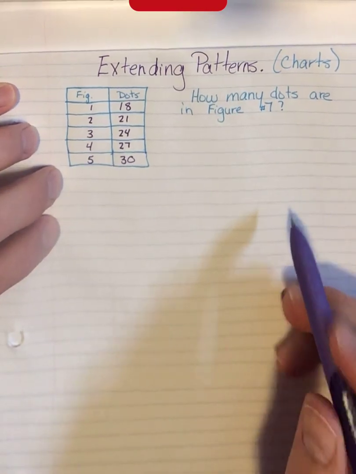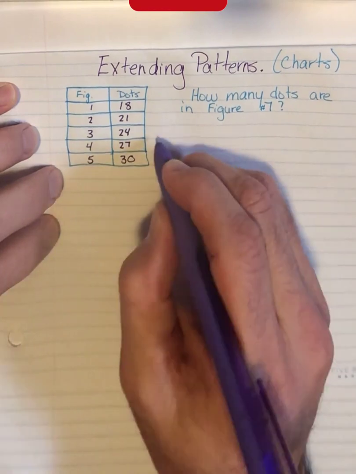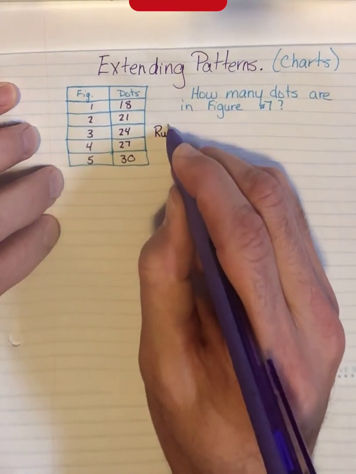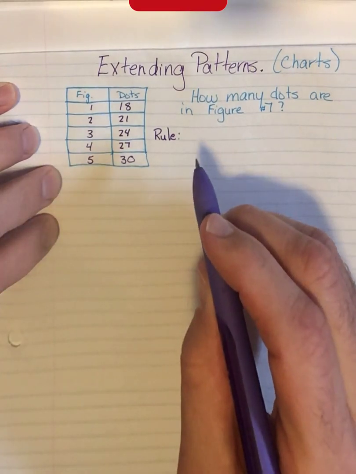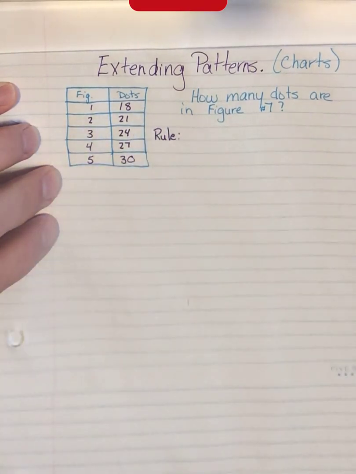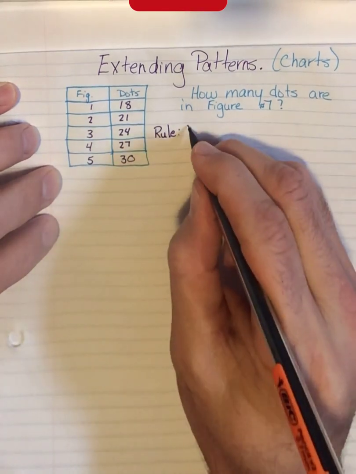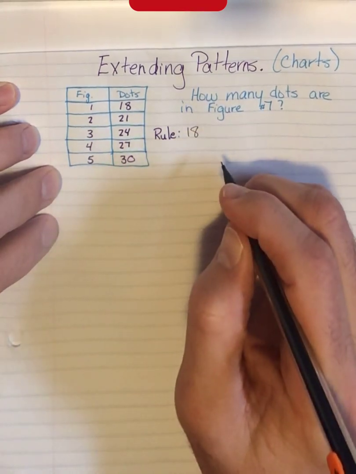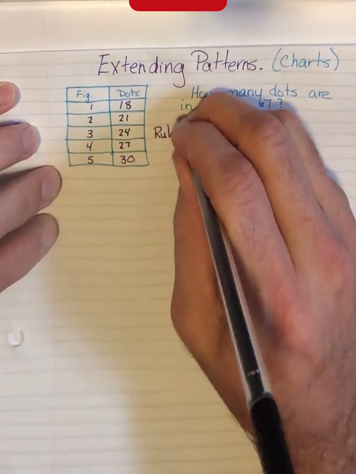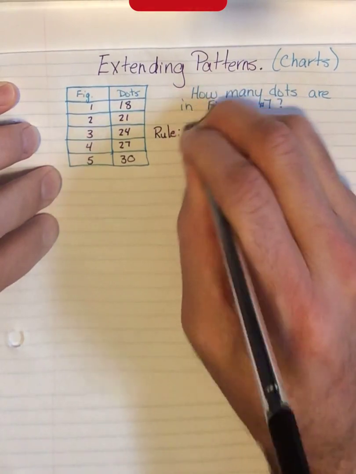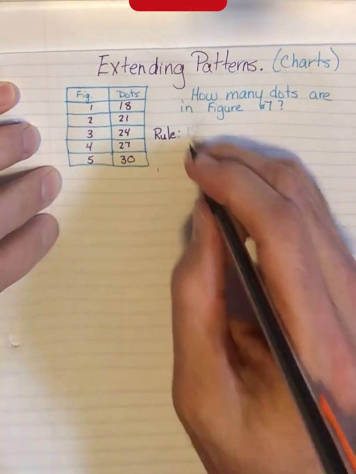All right, so let's start here. What's the rule first? Well, we start at 18. I'm going to write that as an actual pattern rule. We're going to start at 18.